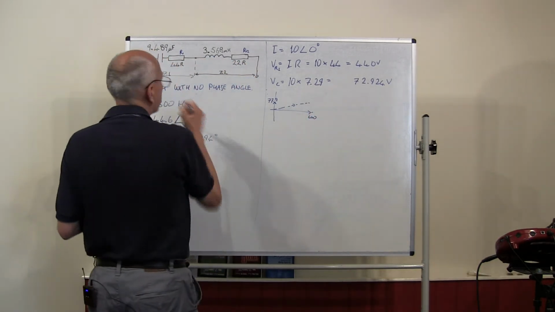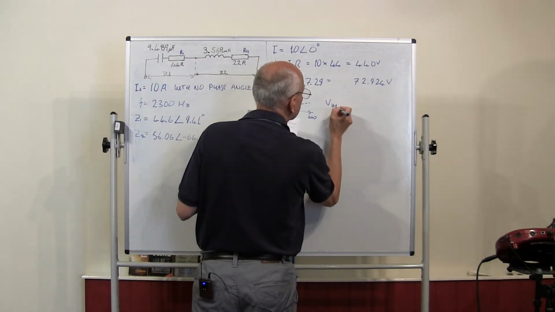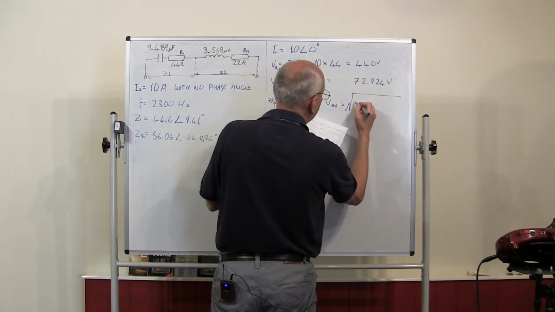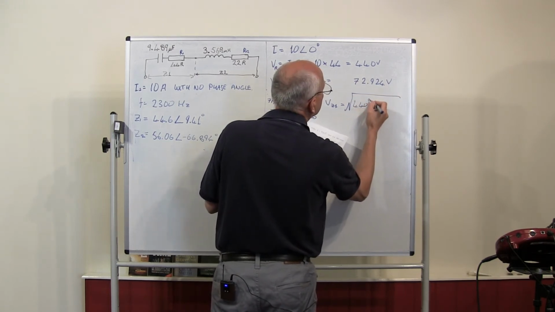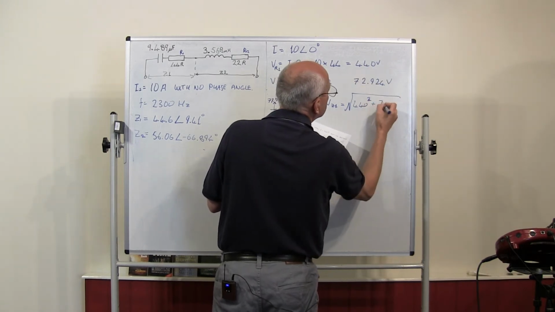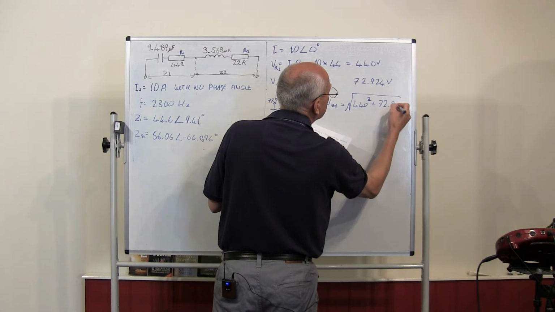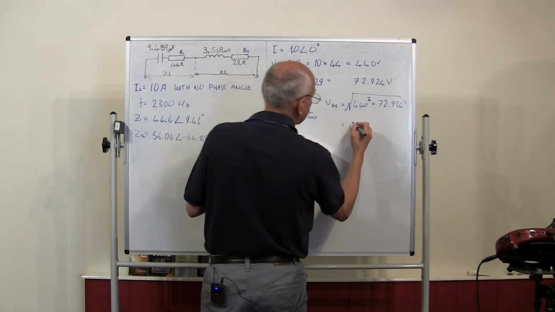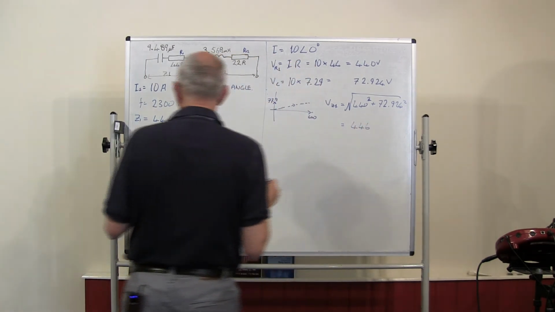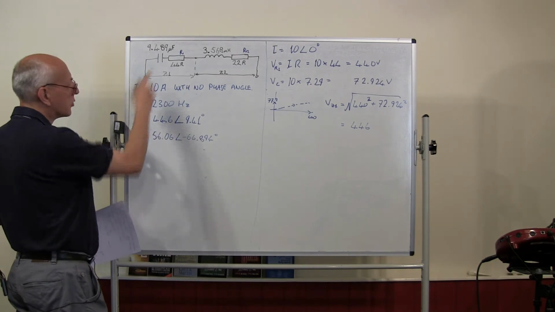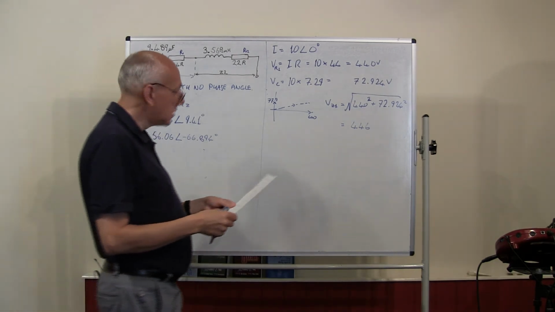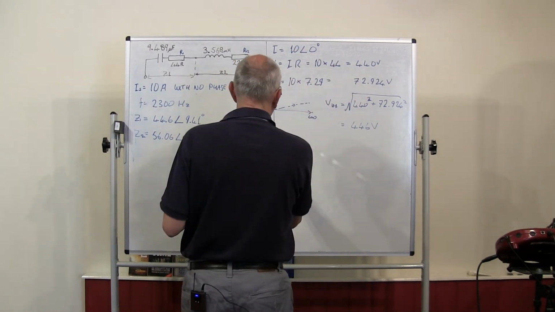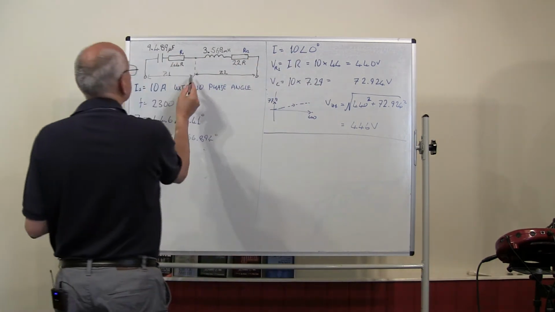So V1, or VZ1 if you prefer, is going to be the usual: 440 squared plus 72.924 squared, which gives me an answer of 446. You'll notice it's very symmetrical to the resistance. So 446 volts across this part of the circuit, Z1.